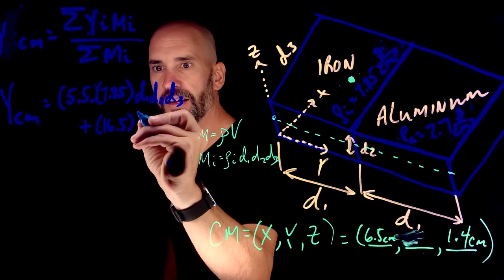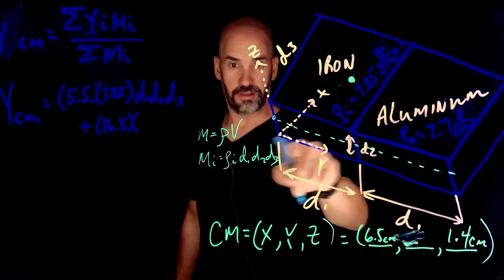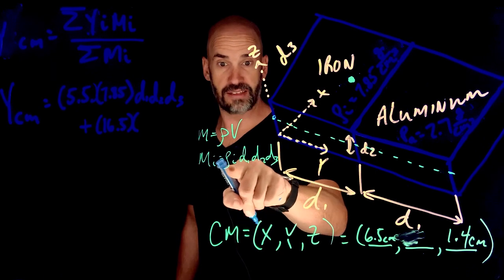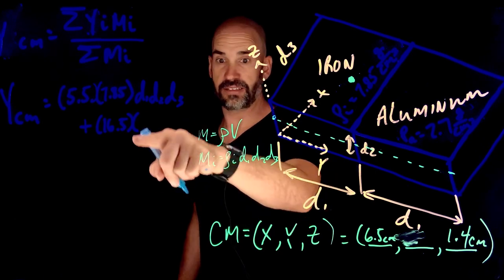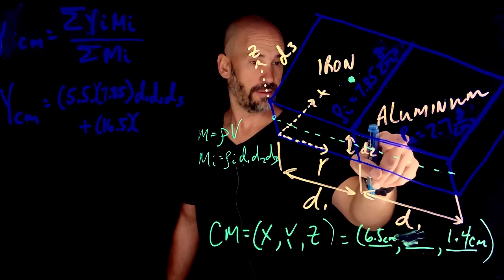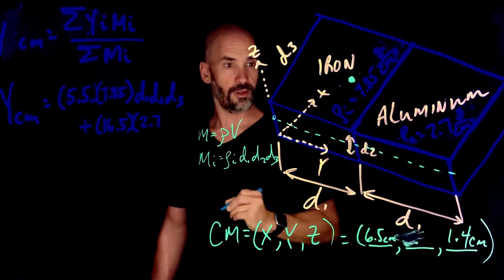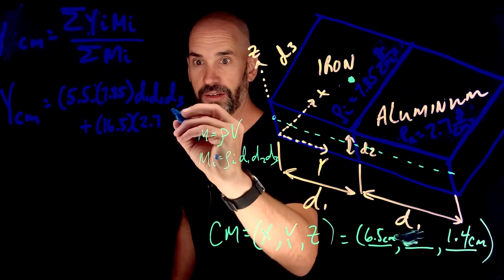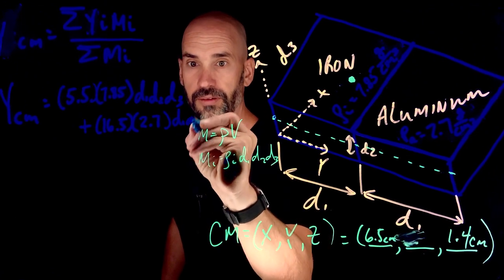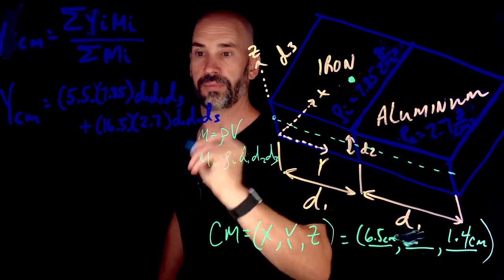16.5 times, now we find the mass of the aluminum, so we just put A's here. The mass of the aluminum should be the density of aluminum, which is 2.7, times, again, D1, D2, and D3, the volume.